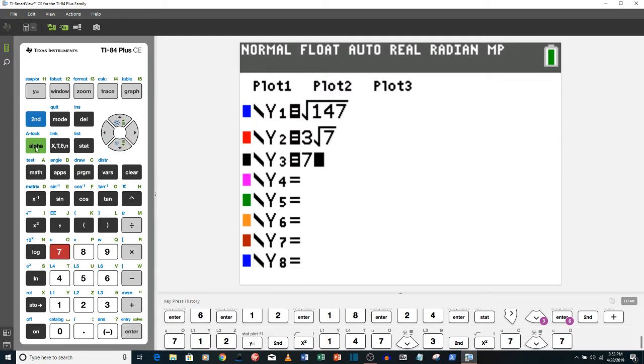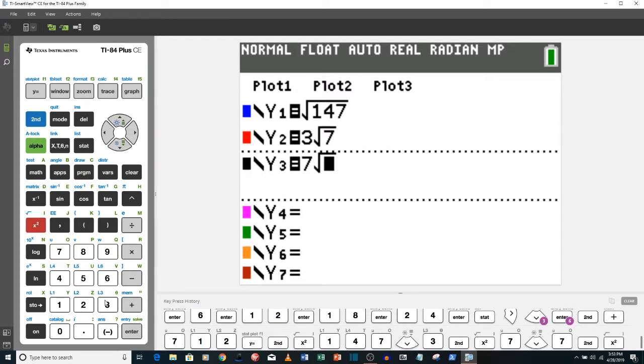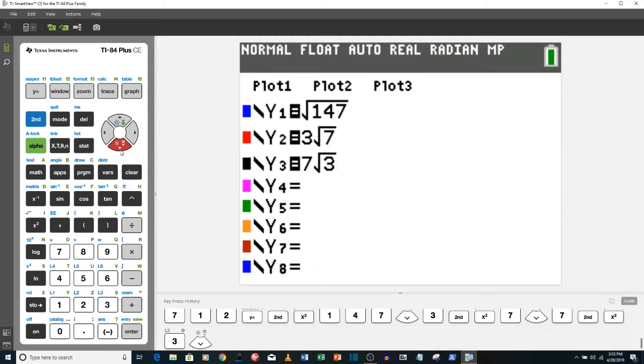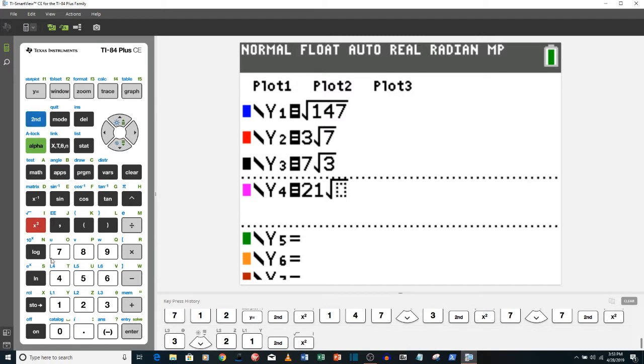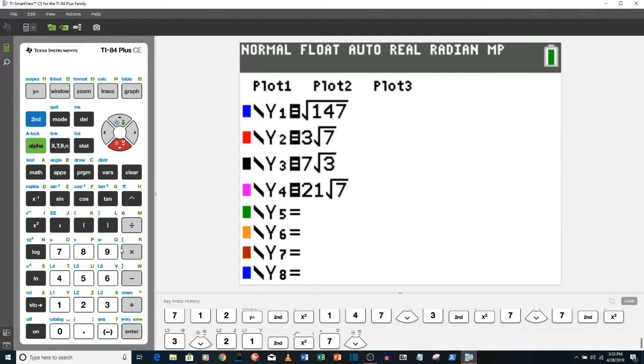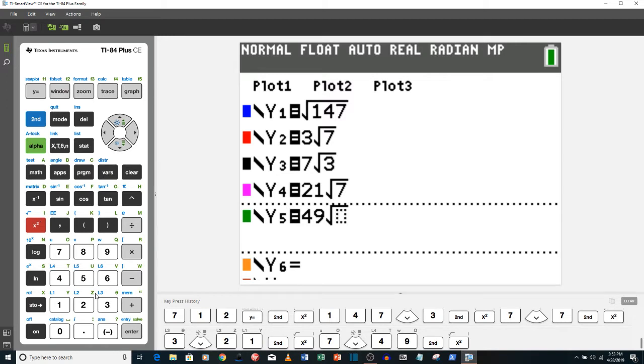Next would be 7 times the square root of 3, down arrow. 21 times the square root of 7, yes. And finally, down arrow, 49 times the square root of 3.